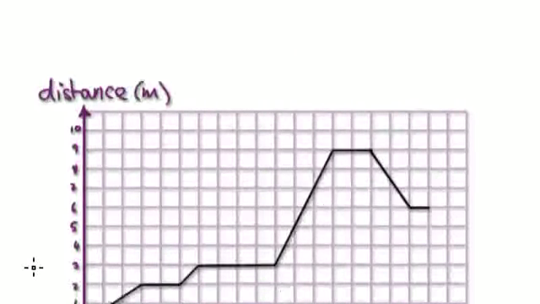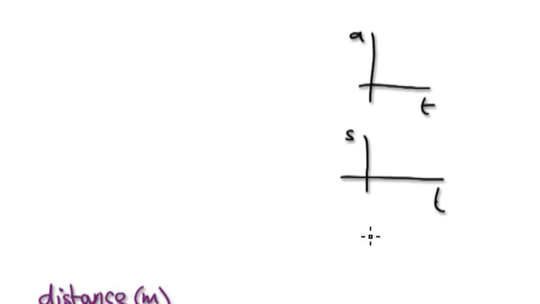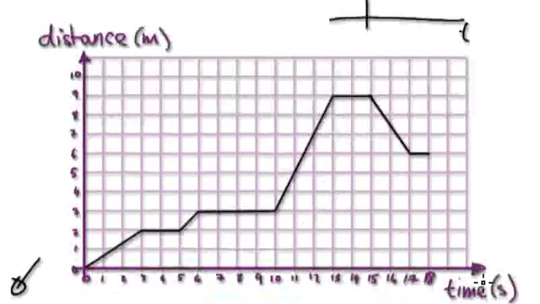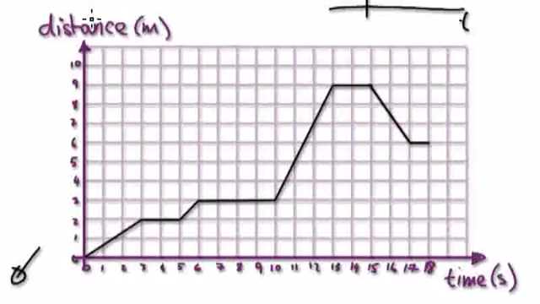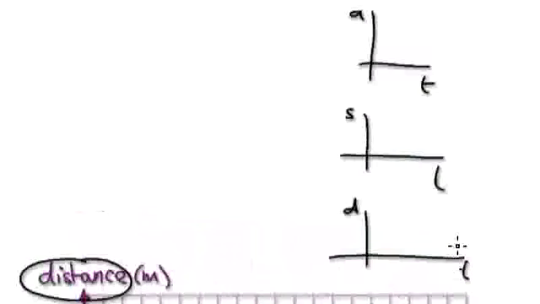So here, visualize the three graphs: acceleration-time, speed-time, and distance-time. By me giving you this graph, we are talking about distance-time, so inside your mind you should be visualizing the third graph down.